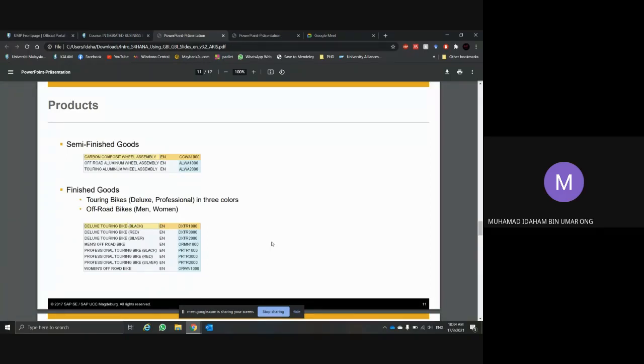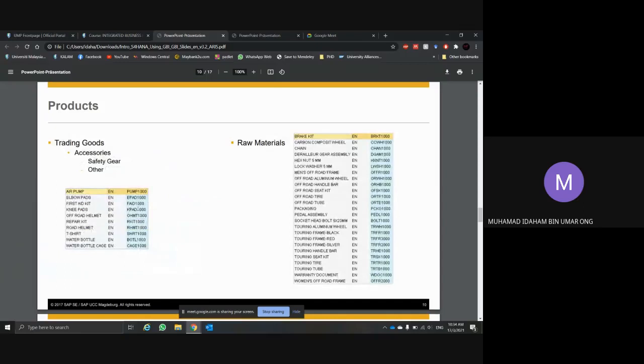Okay, thank you. Now, if you also notice, we have description, but the main data that is inside SAP is the codes that you see at the back. DXTR 1000, DXTR 3000, ALWA 2000, BRKT 1000, PUMP 1000.